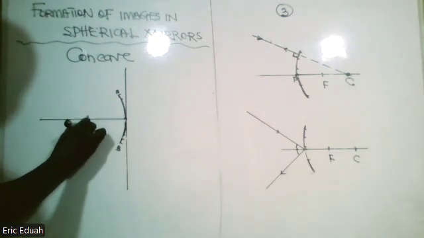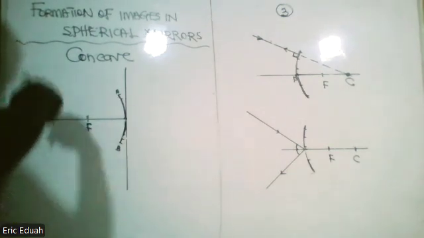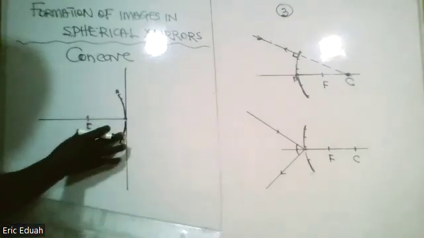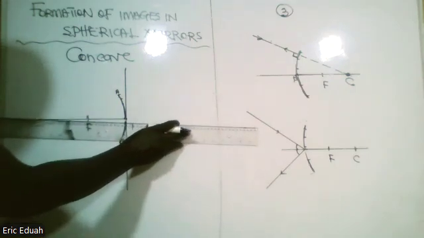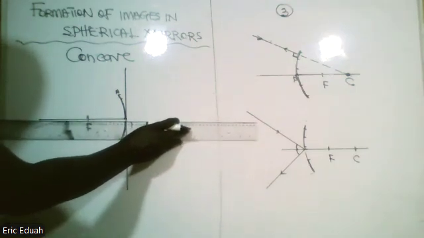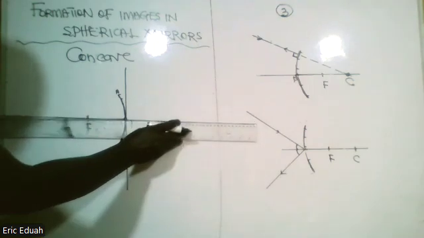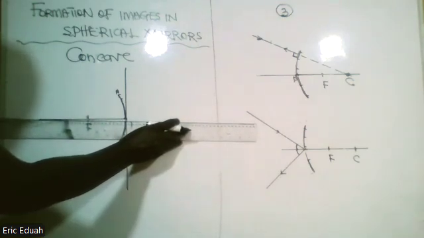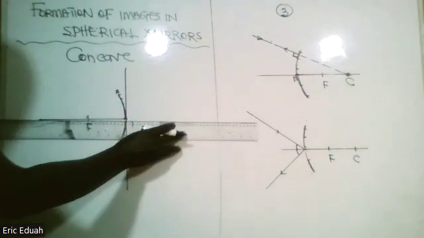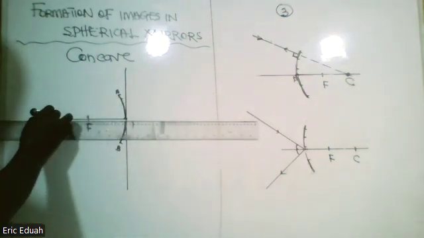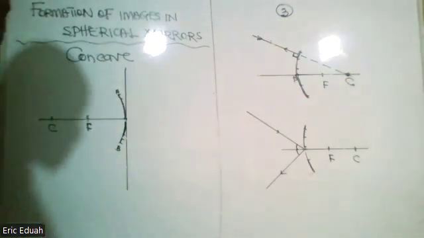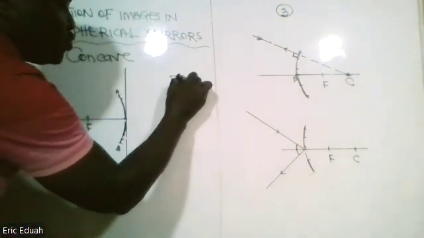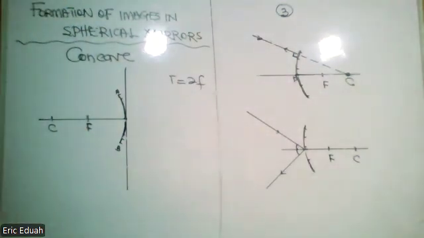So this becomes my F. My focal length is 10 centimeters. The center of curvature from the pole must then be 20. So carefully measure this. This must be C, to satisfy R equals 2F.